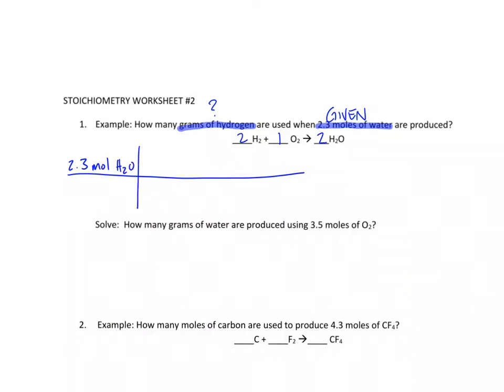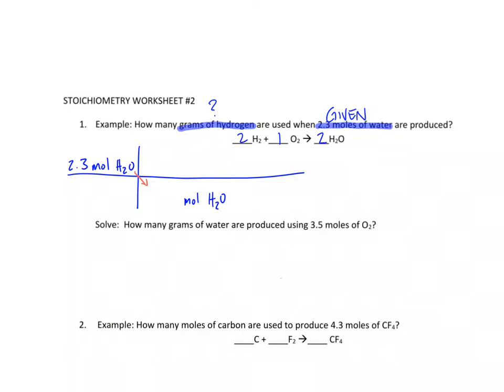Okay, now remember I always have to bring down the units. So moles of water, I'm going to rewrite down here. Moles of water. Okay. And then I'm going to convert moles of water.